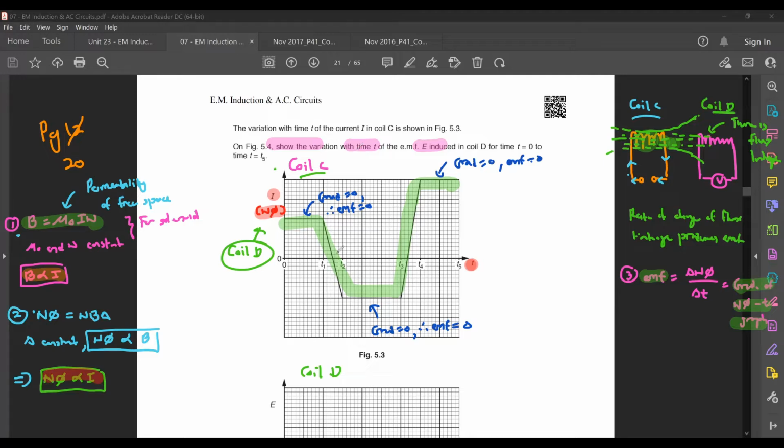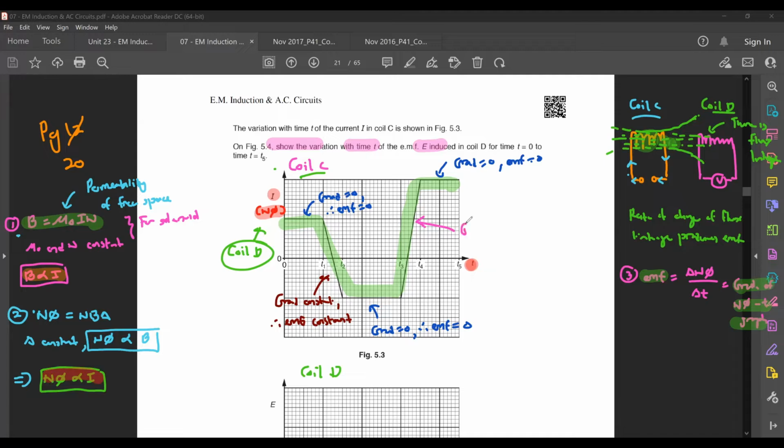Then after that, you look at the remaining sections here. Here my gradient is constant, therefore EMF is constant. Now the second part will be this one, the last part will be this one.